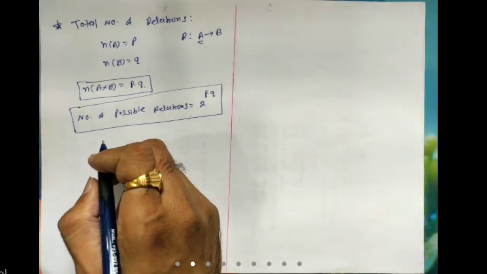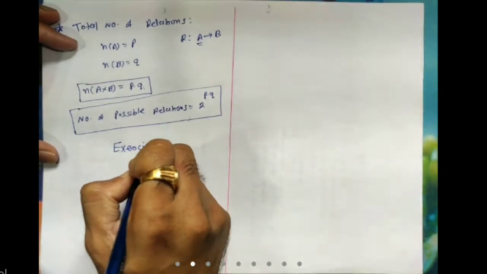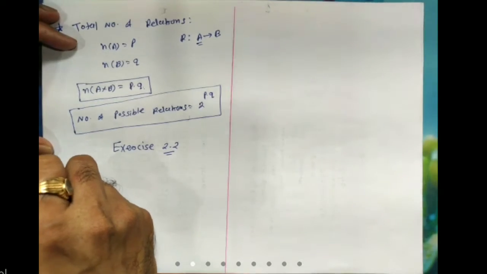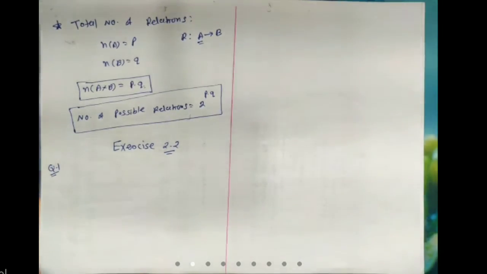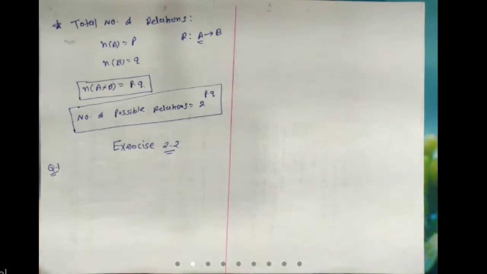So let's start with question number 1 of exercise 2.2. Here we are given set A and the description of a relation on set A. Let set A equal 1 to 14.